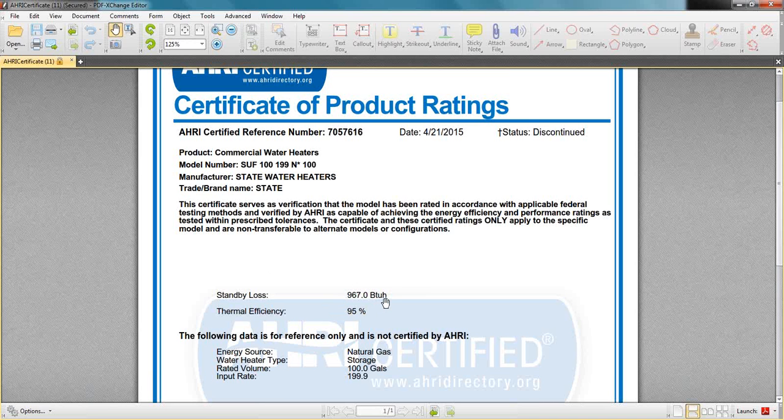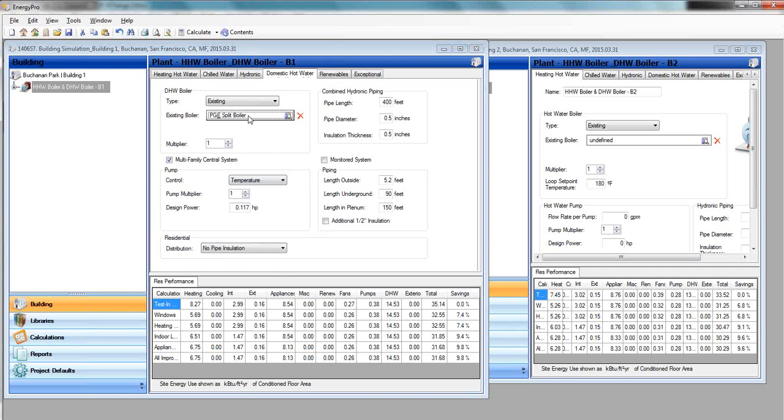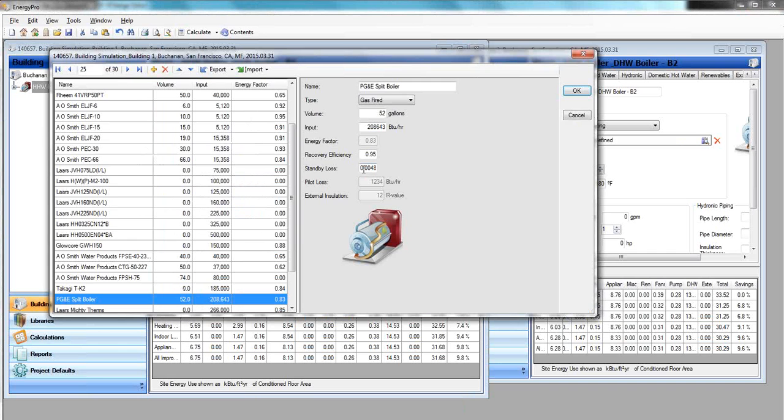I think what I was saying is that you don't want to put that standby loss number into EnergyPro as just a standby loss BTU number. You want to put it in as a percent. So does that clear up that question?